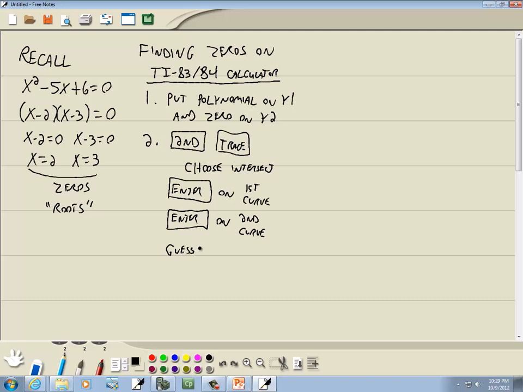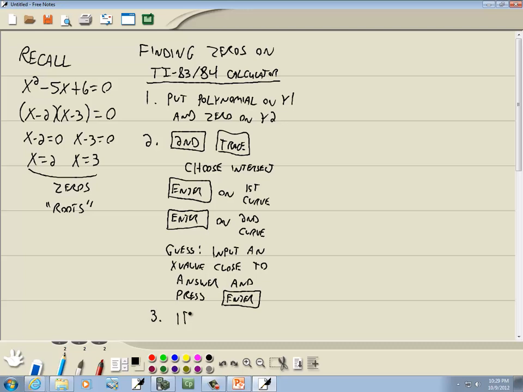Now for the guess, we're going to input an x value close to your answer and press enter. We'll talk more later about how you tell what your answer is.